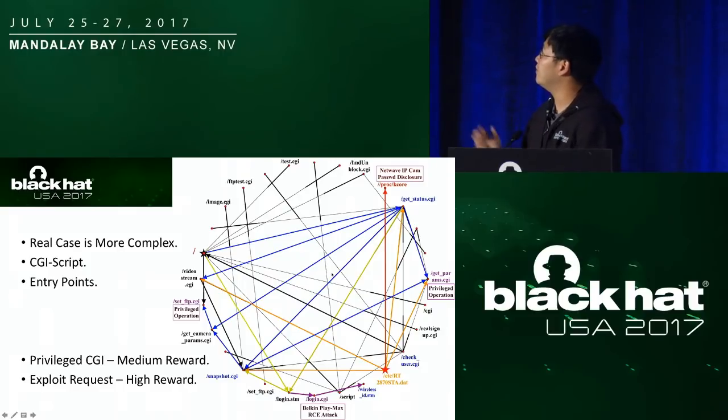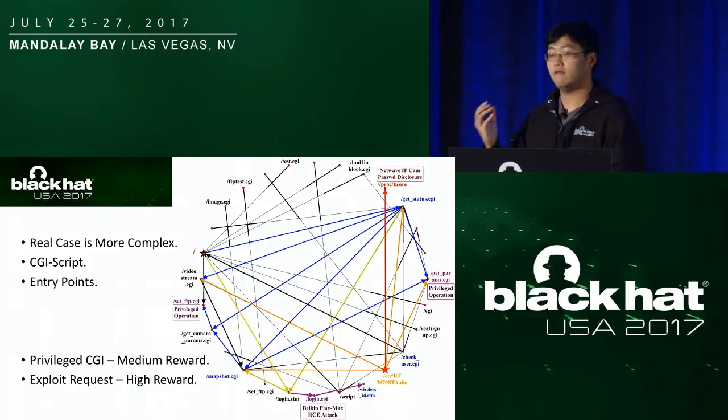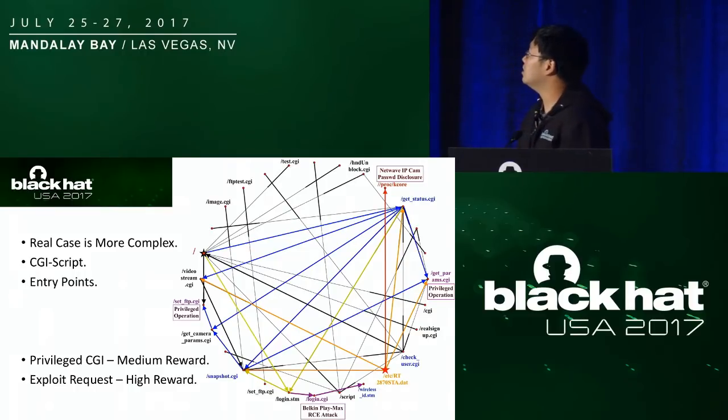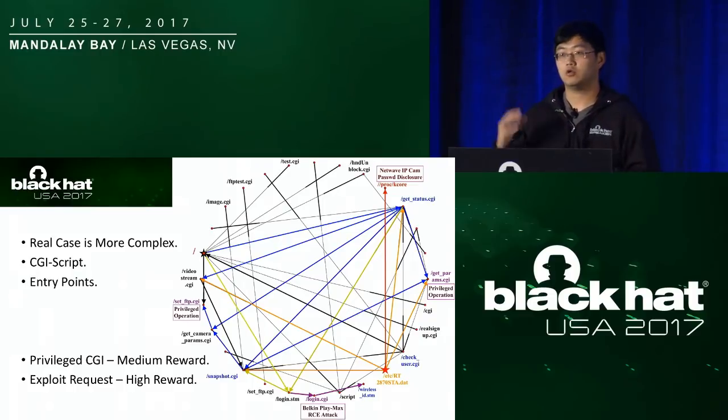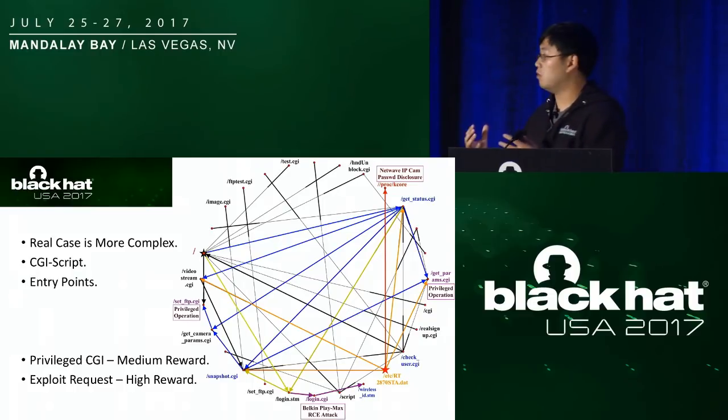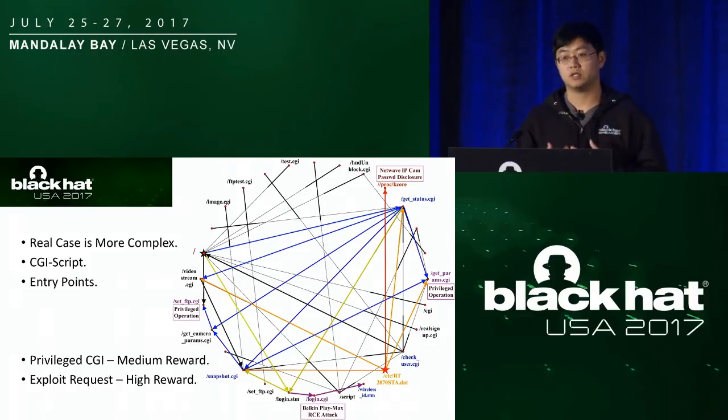For example, we find a get_status.cgi request, which has a network IP camera path disclosure vulnerability, and another called get_prior.cgi, which has a privilege operation vulnerability. For different vulnerabilities, we manually assign different rewards, which helps us understand them better and lets us expose different kinds of attacks.